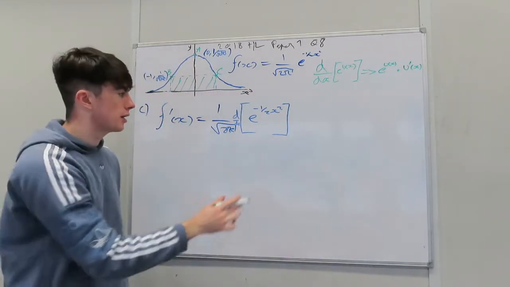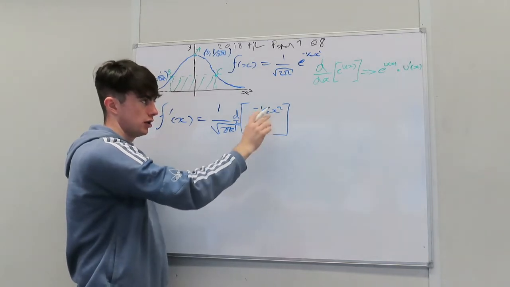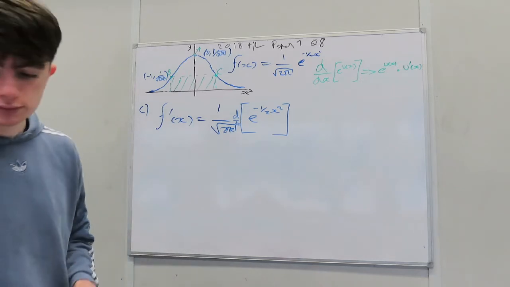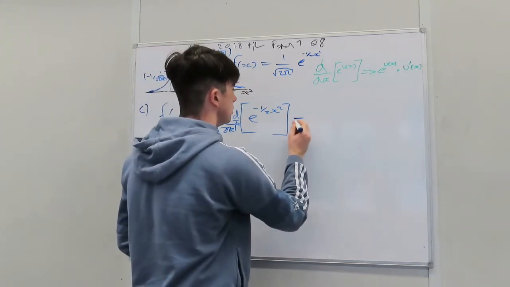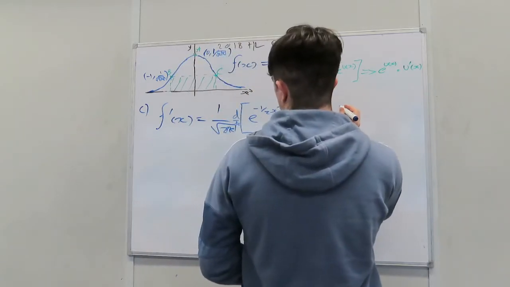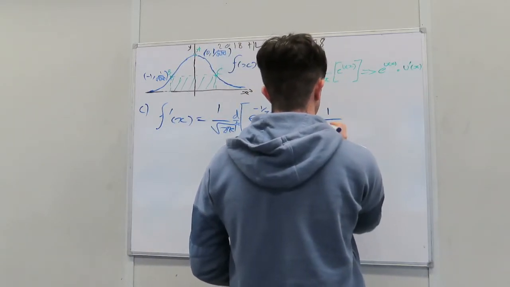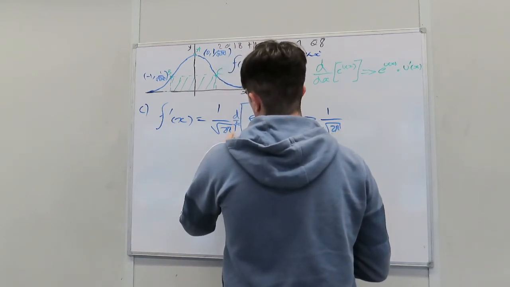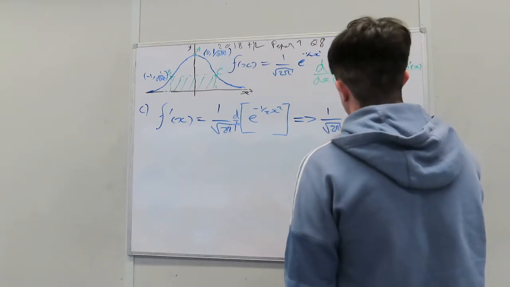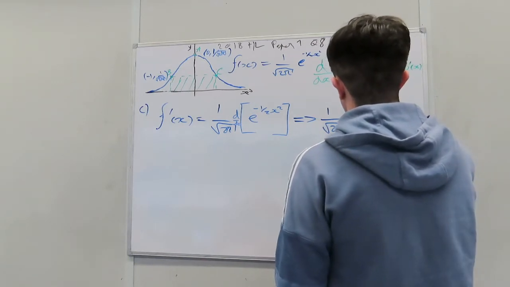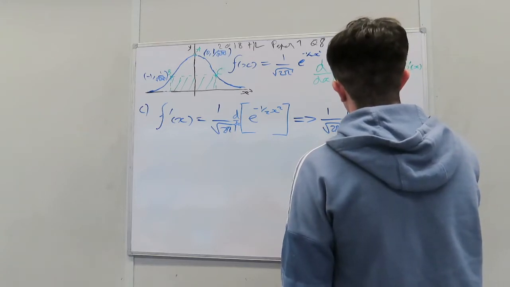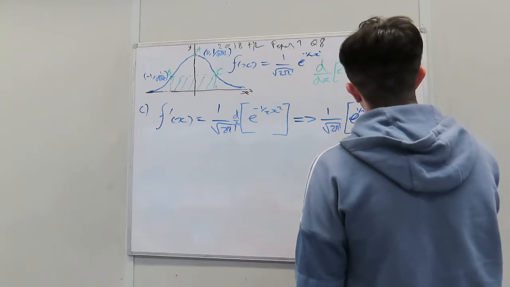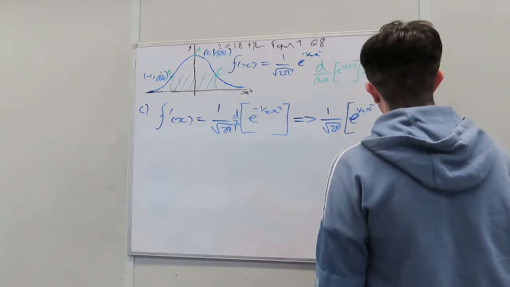And in our case, our u(x) would be minus a half x squared. So this goes to 1 over the square root of 2 pi, and it's e to the negative a half x squared, and it's multiplied by minus x.